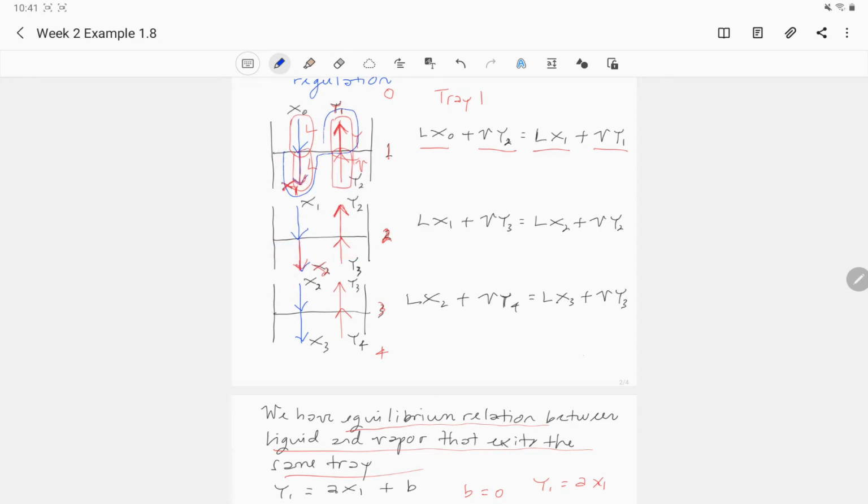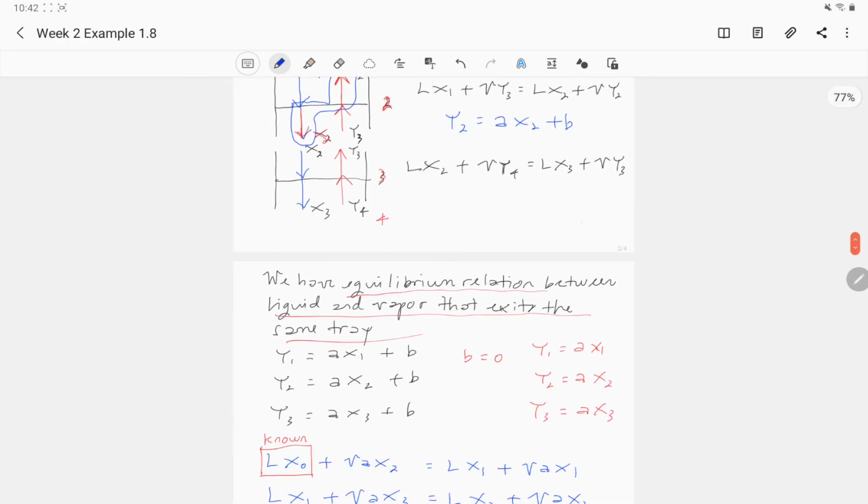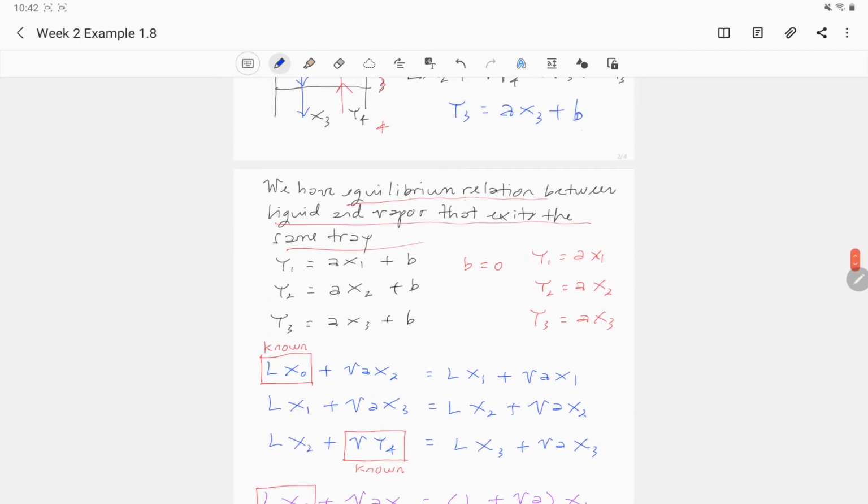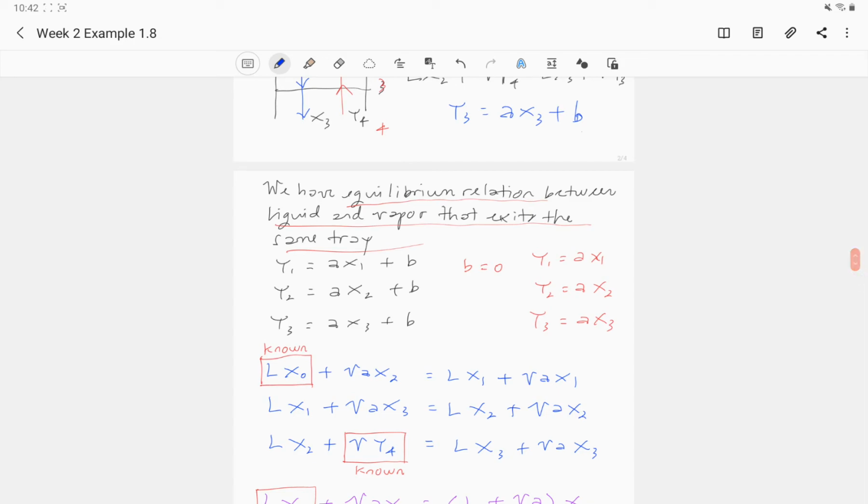Y1 is equal to A X1 plus B. Likewise, the one on tray 2 relates these two compositions, so Y2 will be equal to A X2 plus B. And likewise for tray 3, Y3 will be equal to A X3 plus B. So that means we have an additional 3 equations, where B, to simplify the problem, is defined as equal to 0.